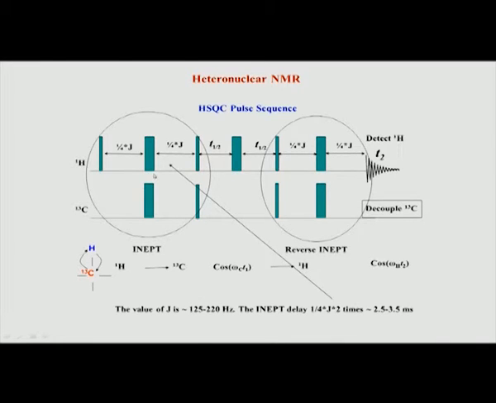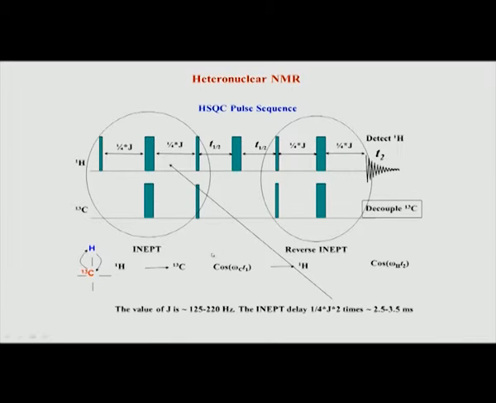Now, this is just a little bit of technical detail, which is the value of this delay period. This delay period, as shown here, is 1 over 4 times J, and this is also 1 over 4 times J. So, the total period from this pulse to this pulse is going to be 1 over 2 times J, double of each period here.